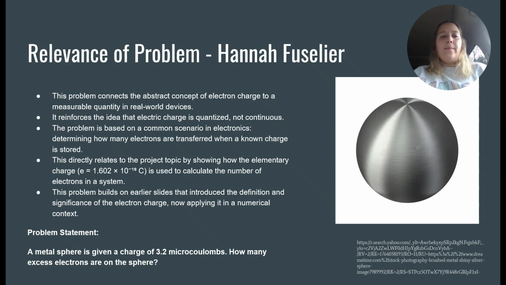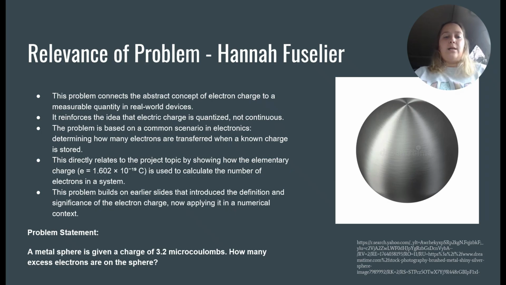Relevance of the problem. This problem connects the abstract concept of electron charge to a measurable quantity in real-world devices. It reinforces the idea that electric charge is quantized, not continuous. The problem is based on a common scenario in electronics, determining how many electrons are transferred when a known charge is stored.